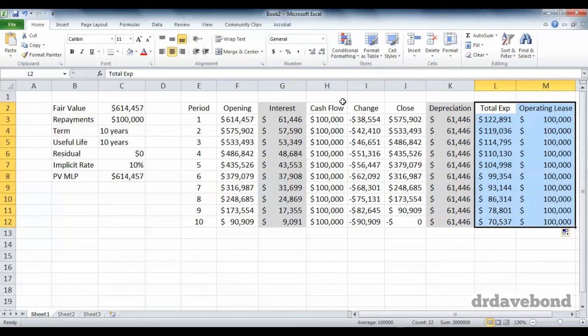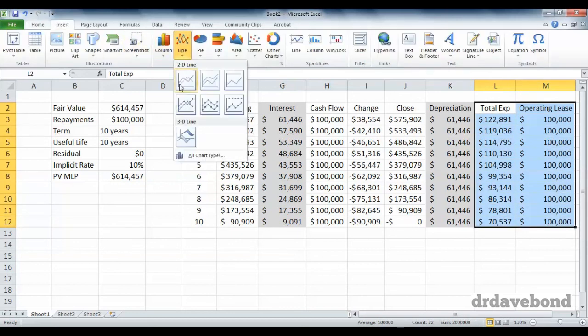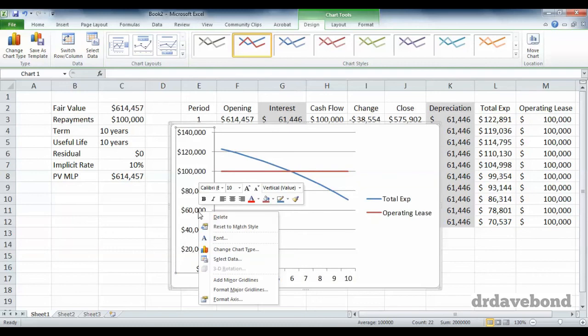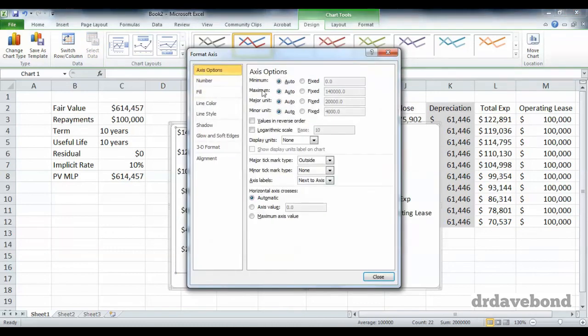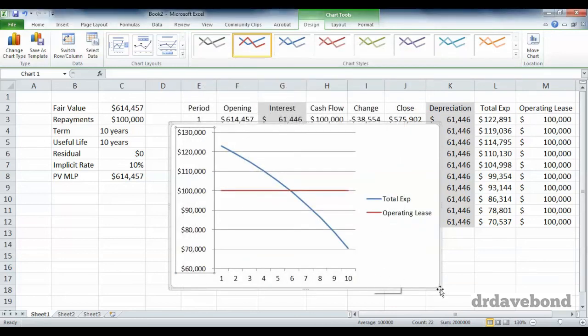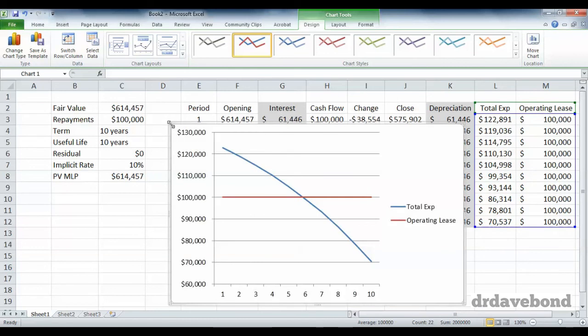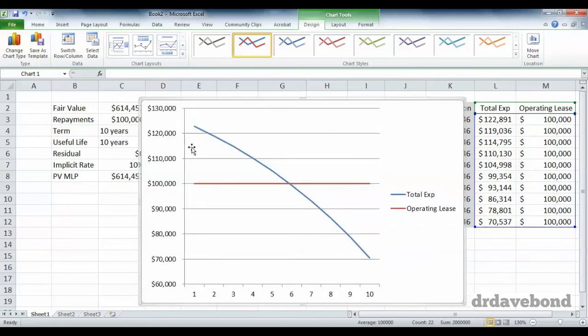To make this more clear, we're going to throw in a graph, change the axis, expand this, and what we see is for a finance lease, the expense starts quite high but then drops each year to be a lot lower in the later years of the lease, whereas an operating lease, it stays constant, at least in this lease setup that we have here.